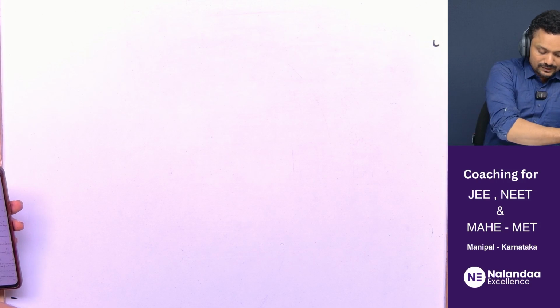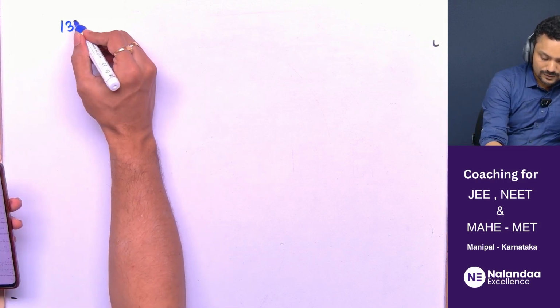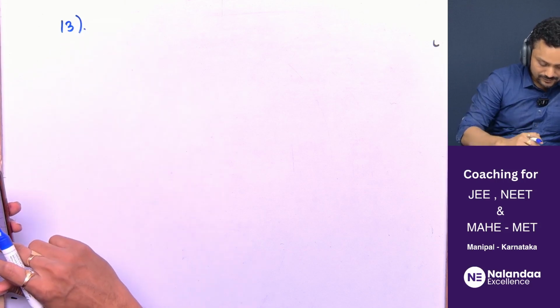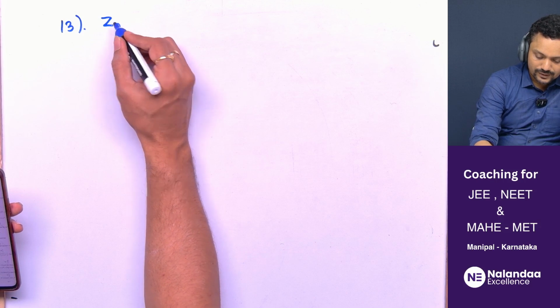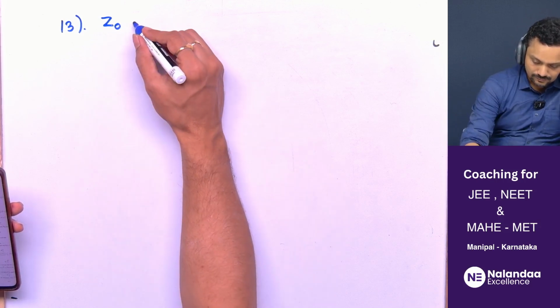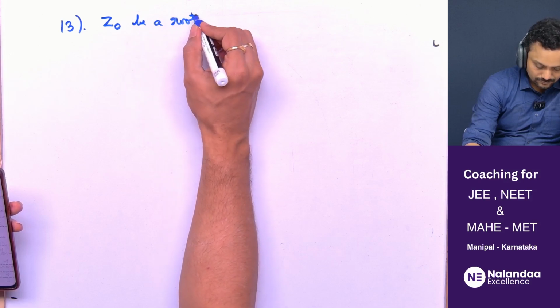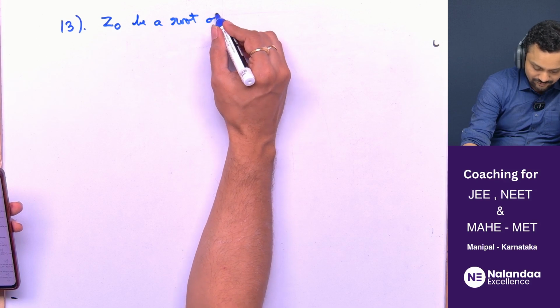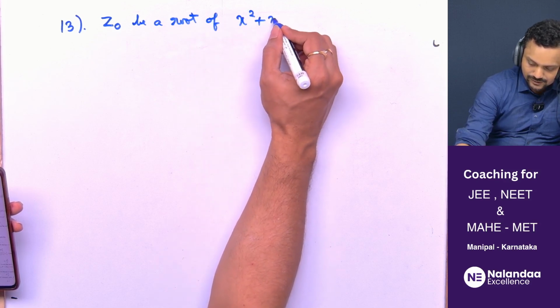I will just briefly write down what is the question. Question number 13 is something like this. This question was asked in JEE 19. It is a very nice question to explain the concept here. They are saying z naught is a root of x square plus x plus 1 equal to 0.